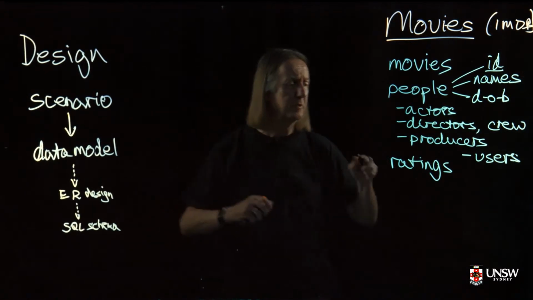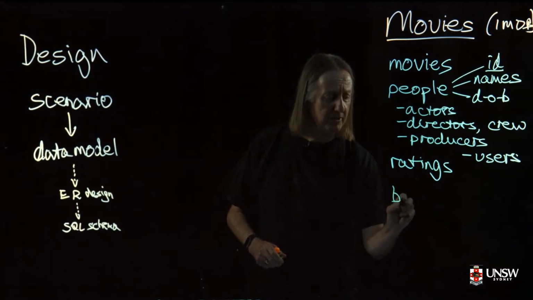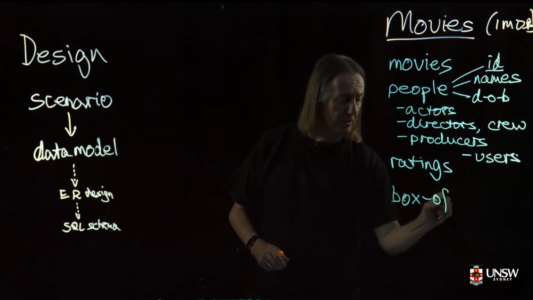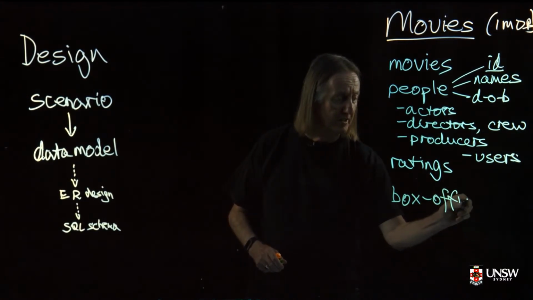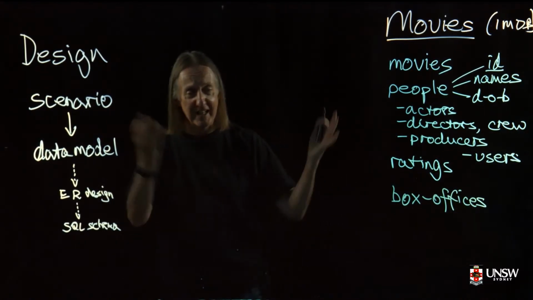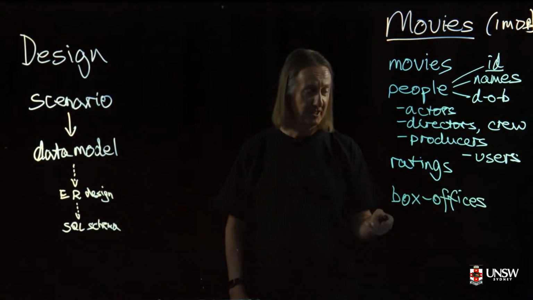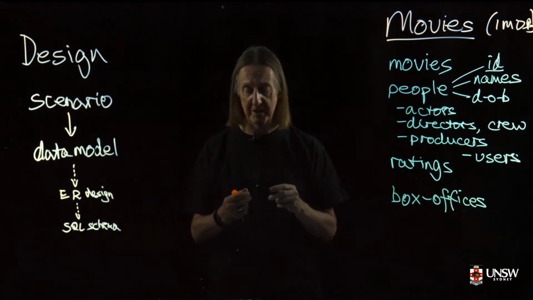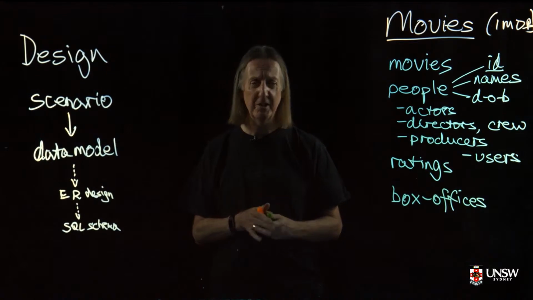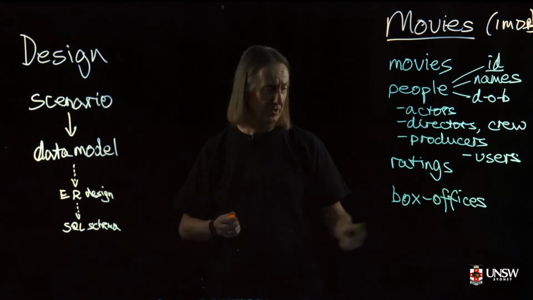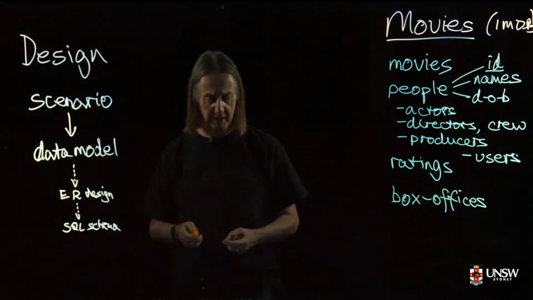Other information that we might be interested in, we might be interested in box office related things. Now I'm not sure that IMDb actually has show times for every movie everywhere in the world. That would be a lot of information to maintain. But we certainly might be interested in maintaining information about, you know, the top grossing movies, which could be a cumulative box office kind of thing.